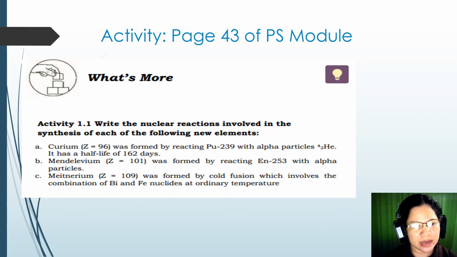And letter C, meitnerium, symbol Mt, atomic number 109. It was formed by cold fusion, which involves the combination of Bi and Fe, bismuth and iron nuclides, at ordinary temperature.